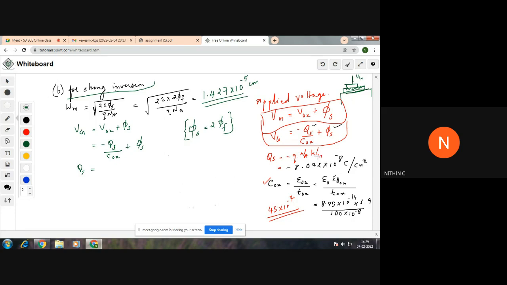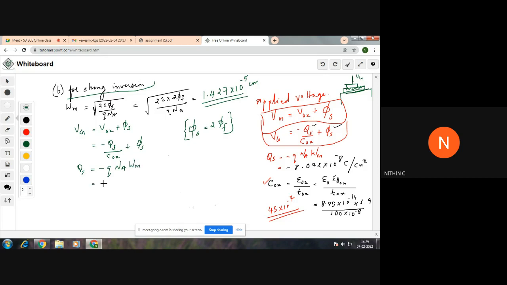Minus QNA Wm is the expression. The W in the earlier case was different, some other value was there. It was 1.01, yes, 1.01 into 10 raised to minus 5. In this case, its value is 1.427 into 10 raised to minus 5 centimeter. So you need to take that value. QS is equal to minus QNA Wm.